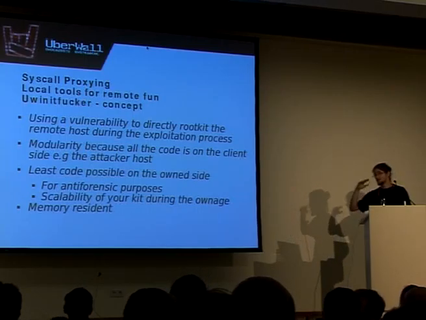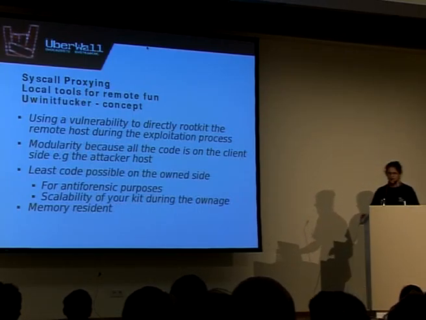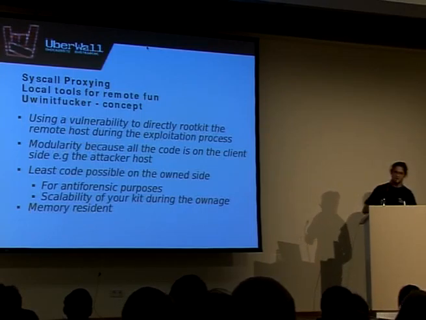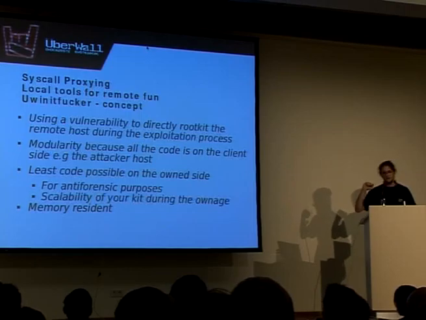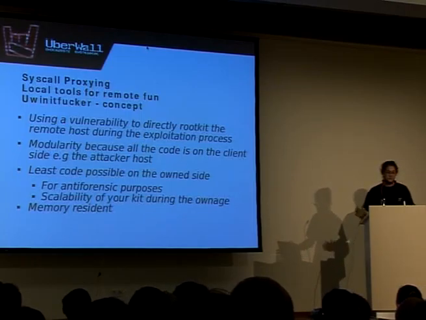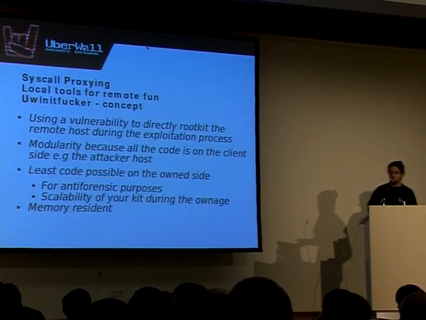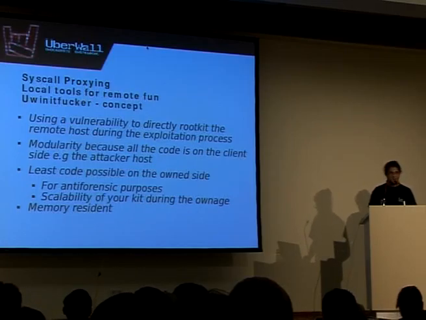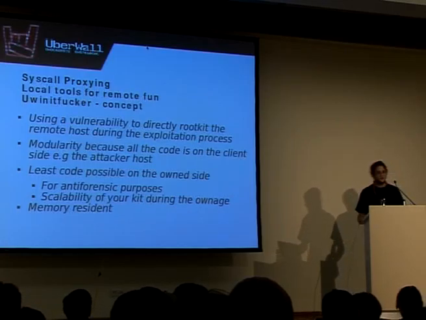So during the exploitation process, if you miss something, oh, I didn't cover my traces, okay, just launch your client, connect to the parasite, and hide your traces. That's modular. If one month after you think, oh, I can do a cool thing with that, but I missed something, okay, just write the client and execute it through the parasite.